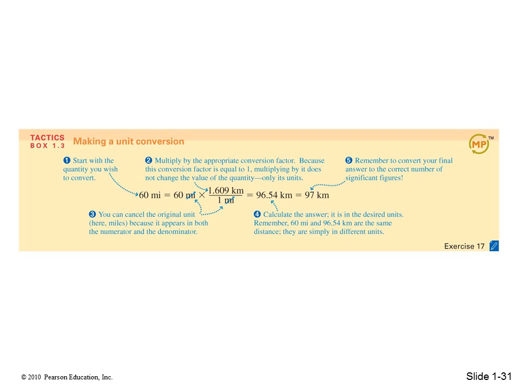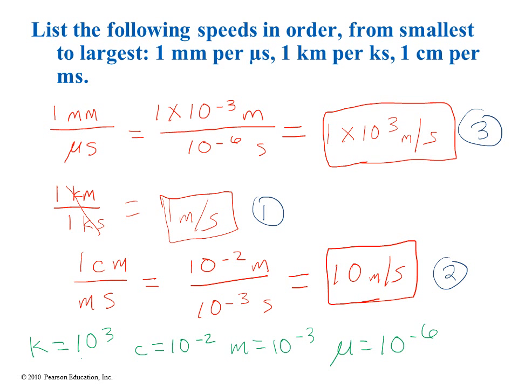So you don't have to memorize that. You shouldn't memorize that. You can get access to it. And while you're at it, if you have a phone, you can get apps. There's a free conversion app out there, and it's very nice because you can do your conversion problem and then go into your app and punch in the numbers and see if you got it right. A good way to check.